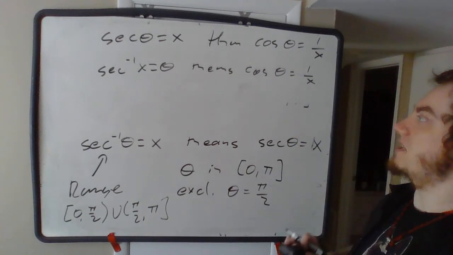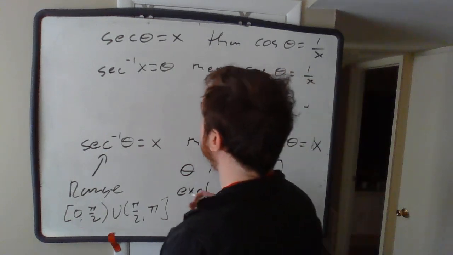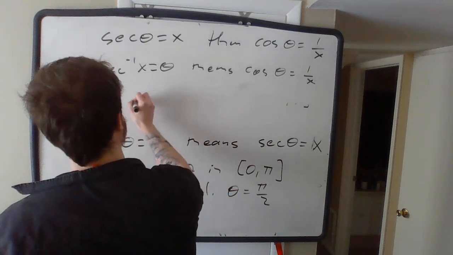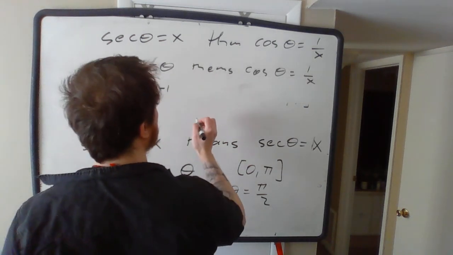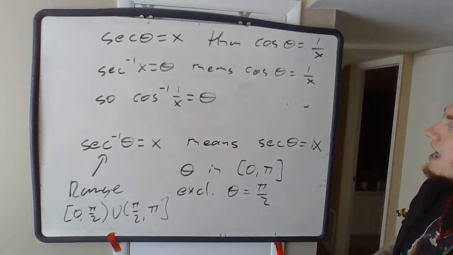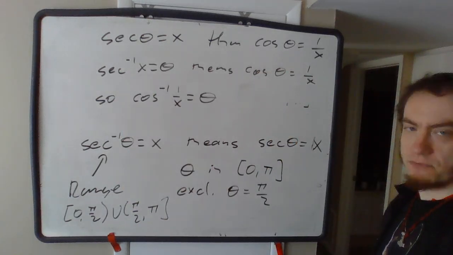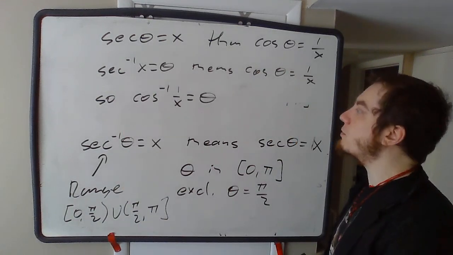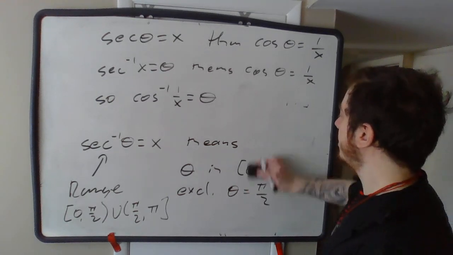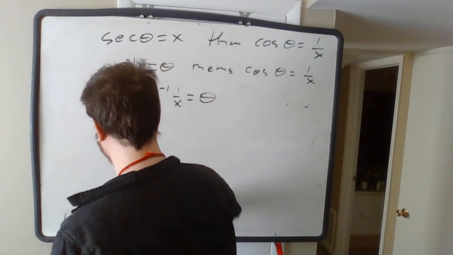I now have all of my thetas and all of my x's where they belong. And what this means is that the cosine inverse of 1 over x is equal to theta. So there's actually a nice little bit of a relationship here between secant inverse and cosine inverse, which is exactly what we would expect to find, since secant and cosine are reciprocals of one another.